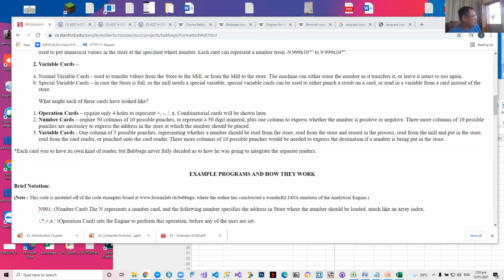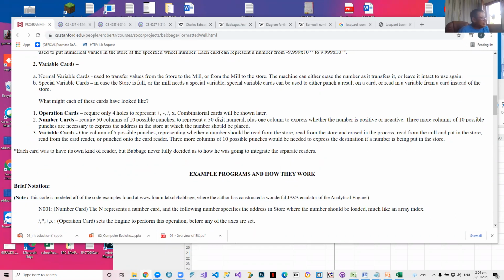So how do they look? Operation cards require only 4 holes: plus, minus, times. They identify the location of the holes. The number cards require 50 columns of 10 possible numbers, so each card can store a 50-digit decimal numeral, but the original design was only 40.